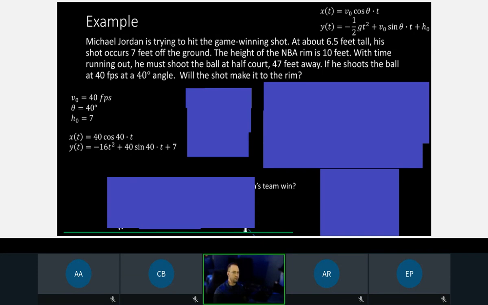So for this page, let's find the time it takes to reach 47 feet in the horizontal direction. Everyone find that.